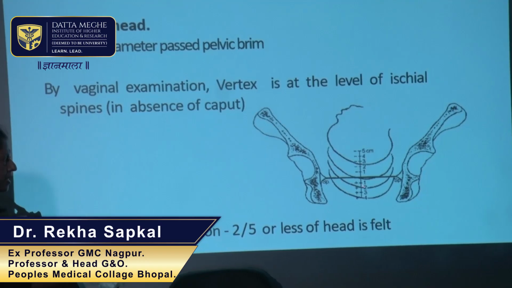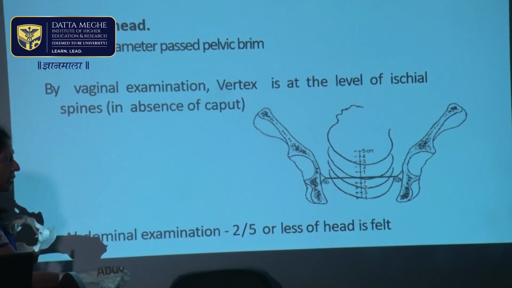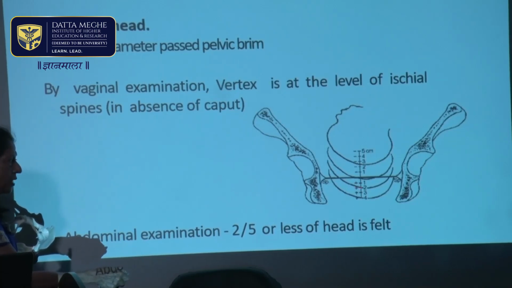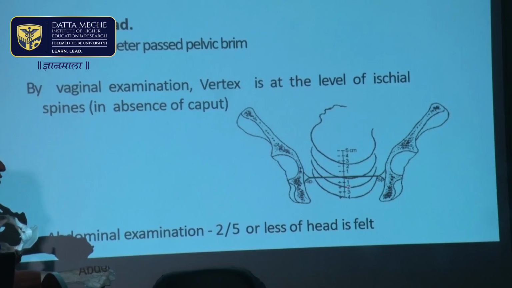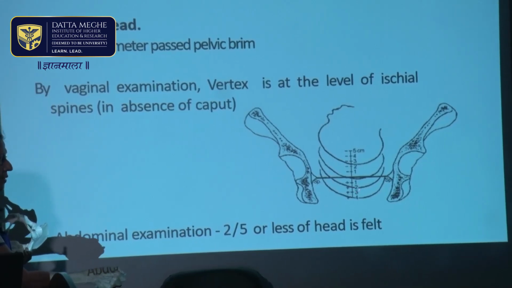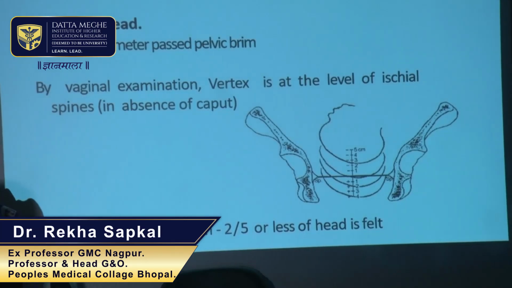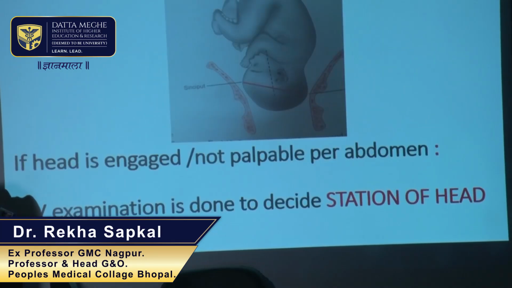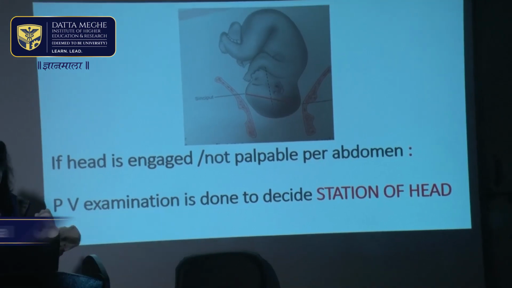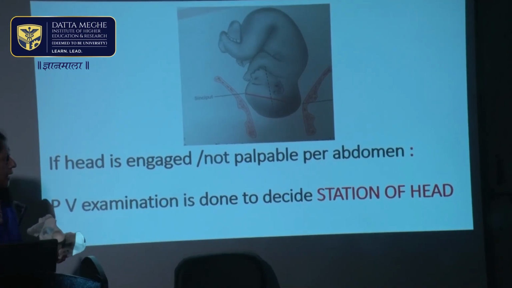You must understand these two levels, because the level decides whether I have to apply forceps or not. Plus 1 means 1 centimeter below the ischial spine, plus 2 means 2 centimeter below. At plus 2 and below we apply low forceps delivery; it is not done before that. That is how you remember the different stations of the head. There are a total of 10 stations. PV examination helps to identify the station of the head.